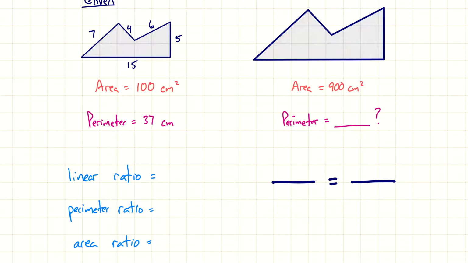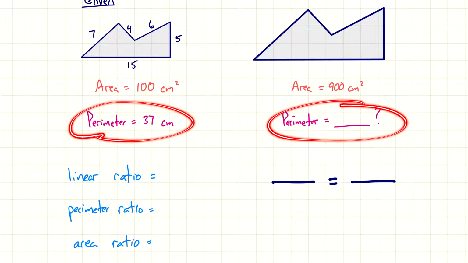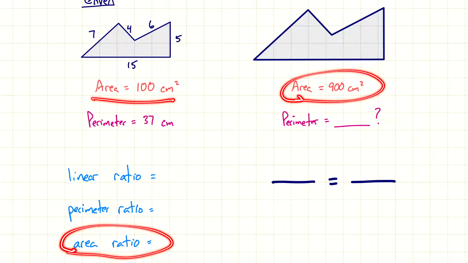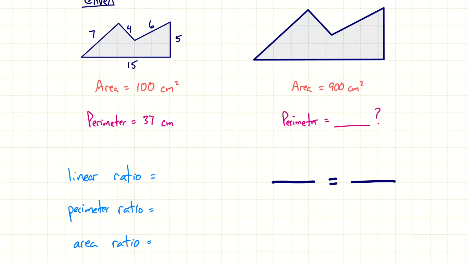So linear ratio is questionable at this point. We don't know enough. Perimeter ratio, well, I have one perimeter, but I don't have the other, so it's hard for us to get a ratio using only one number. But I do happen to have enough for an area ratio. So let's use that information to help us.